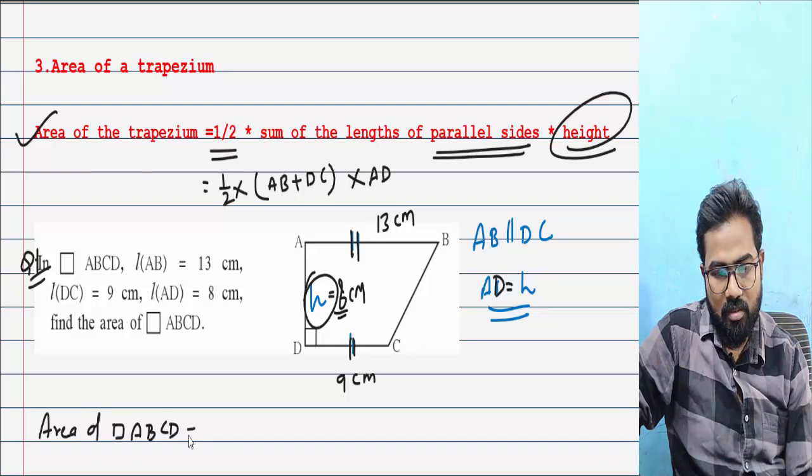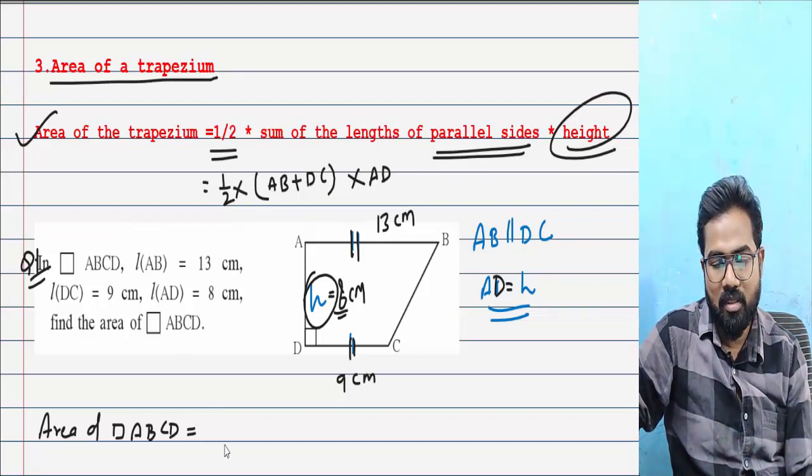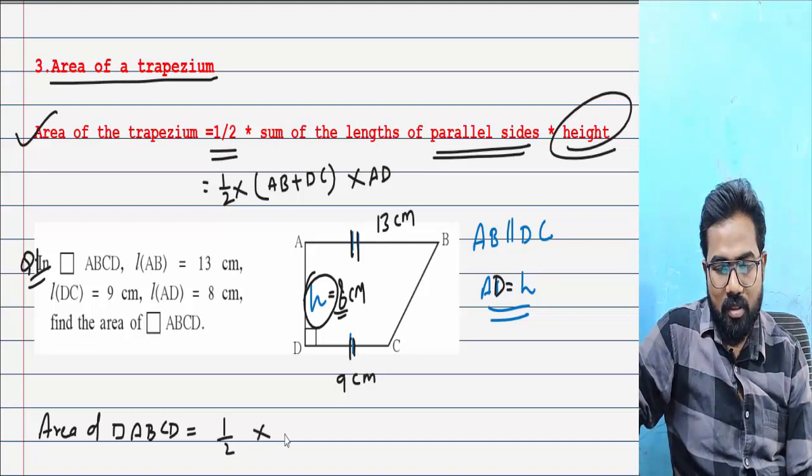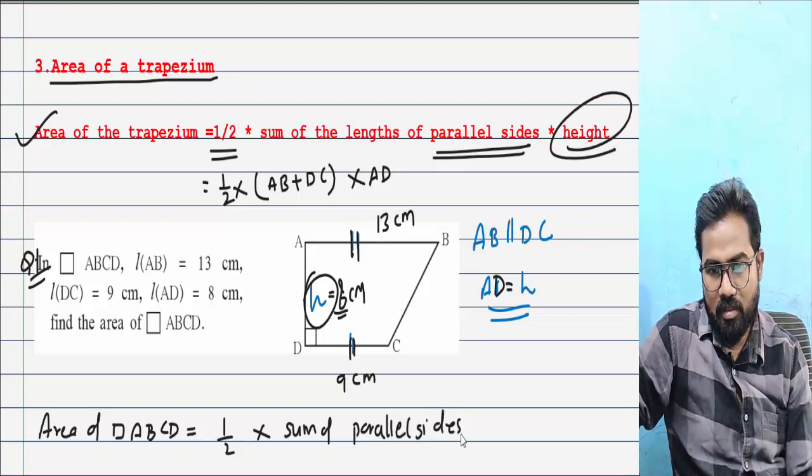This is the area of this quadrilateral ABCD. The quadrilateral is a type of trapezium. You understood the trapezium: two sides are parallel, opposite sides are parallel, and there should be a height. So we'll put 1 by 2 multiplied by the sum of parallel sides, into height.